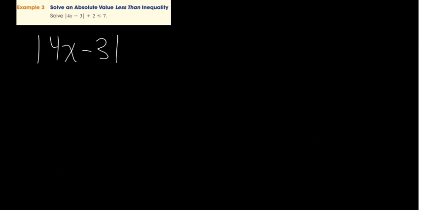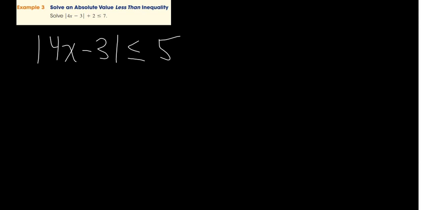Setting that up is super easy. Just like before, we need to isolate the absolute value symbol. Then we subtract 2 from both sides, and we've got less than or equal to 5. Now we need to make the three-sided inequality, because if the absolute value of 4x minus 3 is less than or equal to 5, then it can also be negative 4, negative 3, negative 2, negative 1.